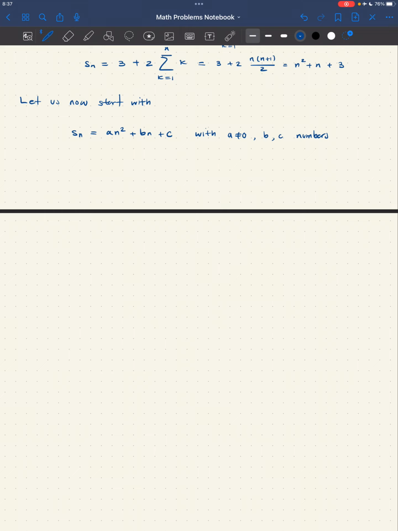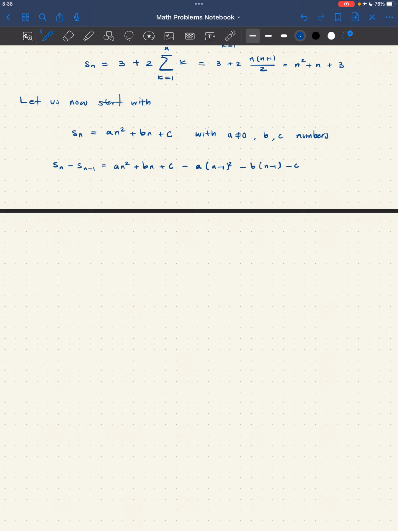And then we examine the form of consecutive differences. Once we do that, we have this: a n squared plus b n plus c minus a times n minus 1 squared minus b times n minus 1 minus c.